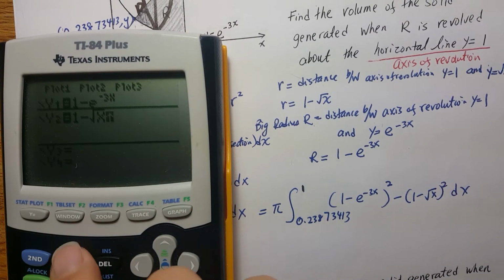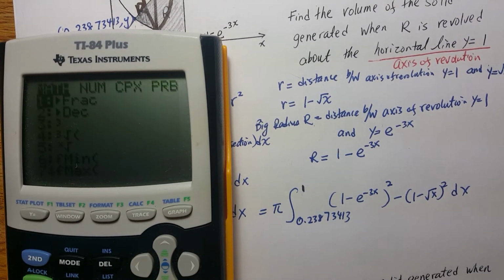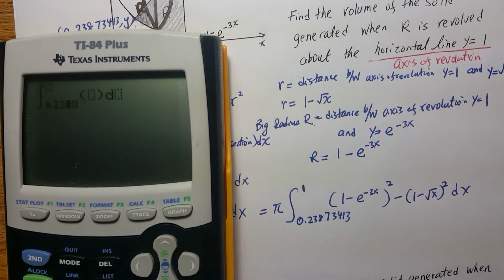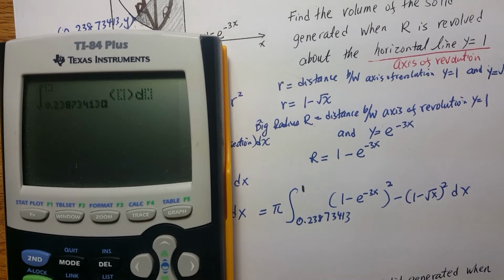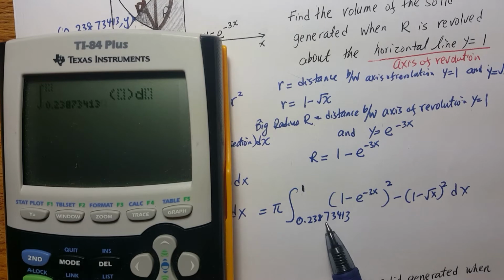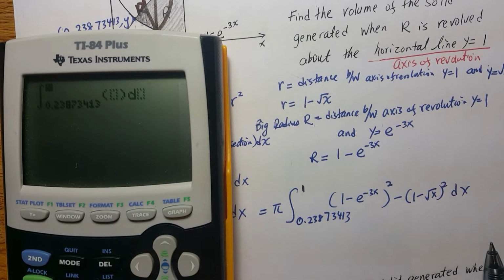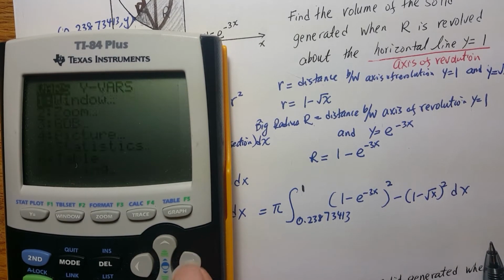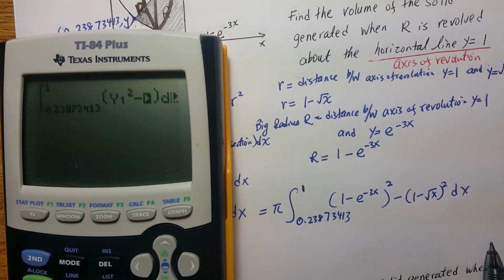Now I'm going to go back to the main screen. Math 9. y1 squared minus y2 squared, and then dx.